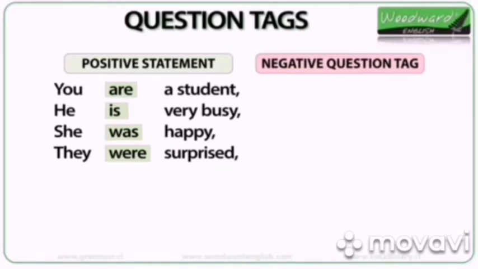Can you tell us what the negative question tag would be for each one? If the verb to be in this statement is in the present tense, then it also needs to be in the present tense in the question tag. Also, if the verb to be in the statement is in the past tense, then it also needs to be in the past tense in the question tag.